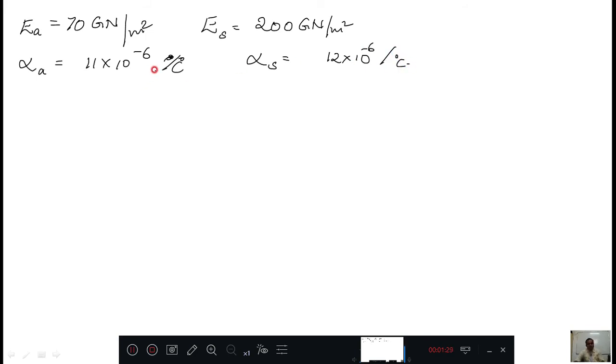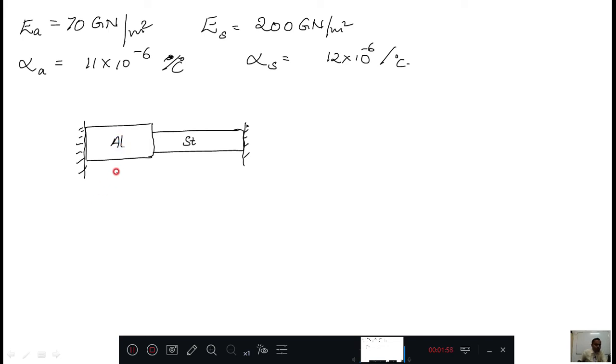Okay, and the figure given is this way. This is one bar and another bar is attached to that. This bar is fixed here and this bar is fixed here. This is made of steel and this is made of aluminum.